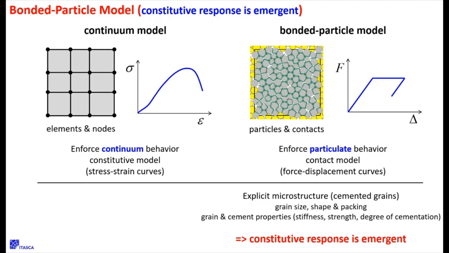The primary thought of this method is, if we look at the left panel, in this continuum model we have an element which is a square, and in each element we need a constitutive model. In this coupling method, they use the DEM model, like the right panel, and derive the constitutive model for each element.